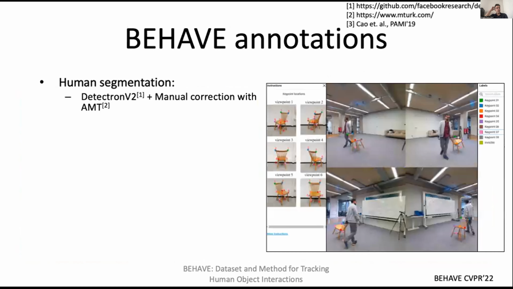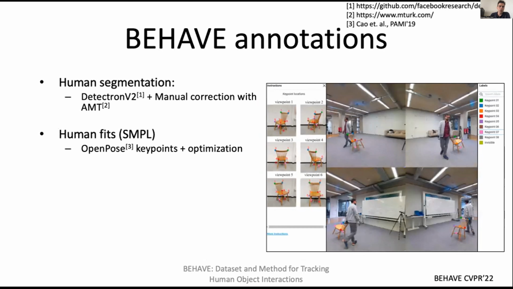So, okay, how did we actually obtain these annotations? This is based on optimization and a sophisticated pipeline using state-of-the-art detection, but even state-of-the-art detection of objects and humans fails sometimes. So we run things through Mechanical Turk to fix the mistakes the detector was making.